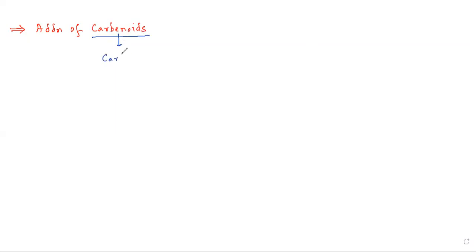A carbenoid is something where the carbene is bonded to a metal. Okay. When a carbene is bonded to a metal, we call it carbenoid. Let us take the same reaction of ethylene with a carbenoid. Let me show you what a carbenoid is.